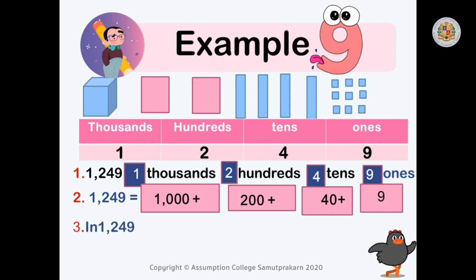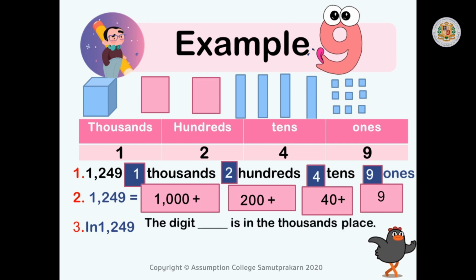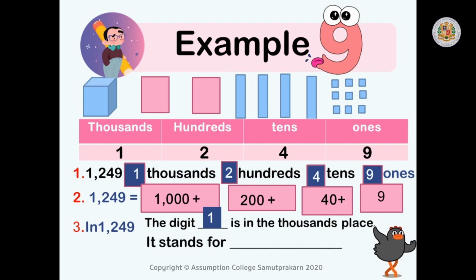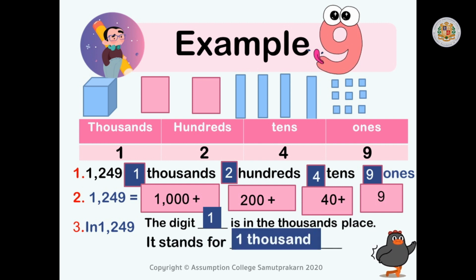In 1249, the digit blank is in the thousands place. Digit 1. It stands for 1000. No S because 1 is singular.